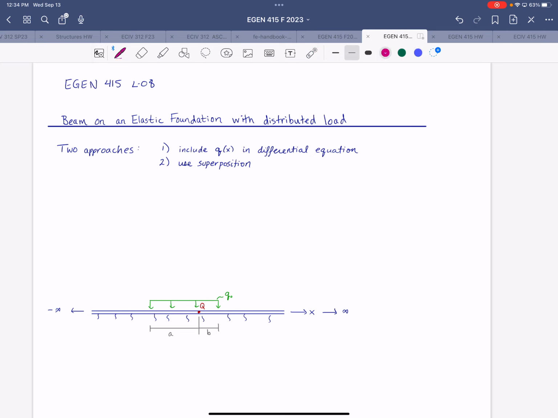So I will note that. We treat Q of X as a series of point loads.